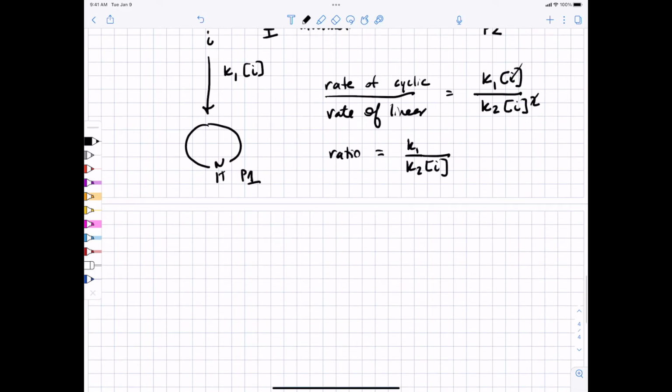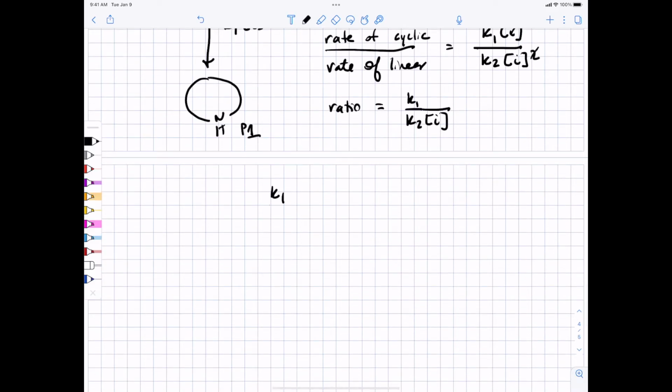And if I is in the denominator, ratios are dimensionless. So what that means is that K1 over K2 has units of molar concentration. And this is what we call effective molarity.